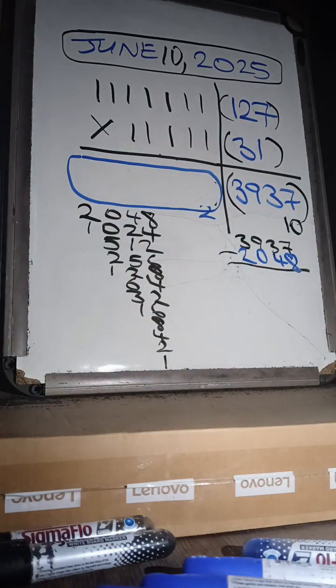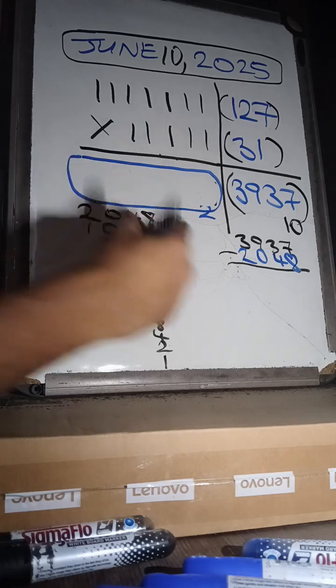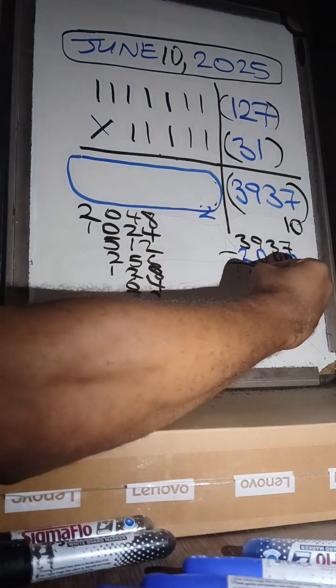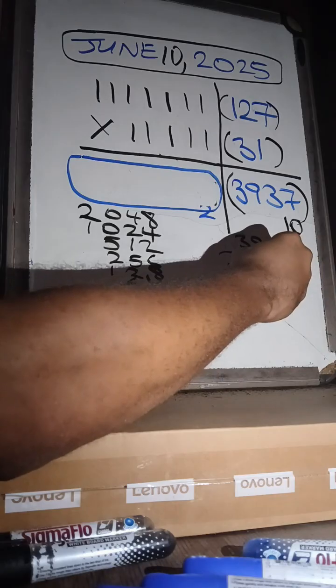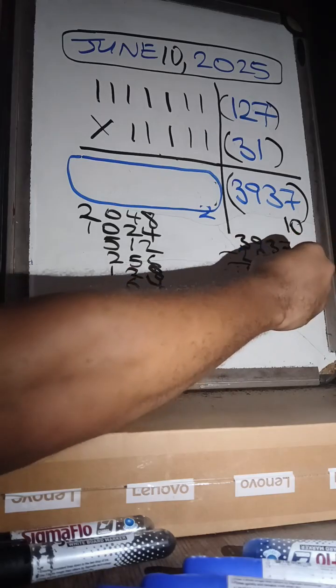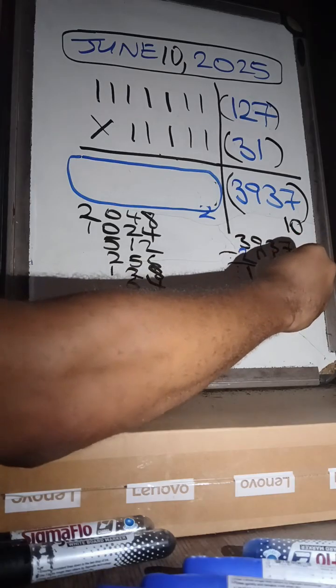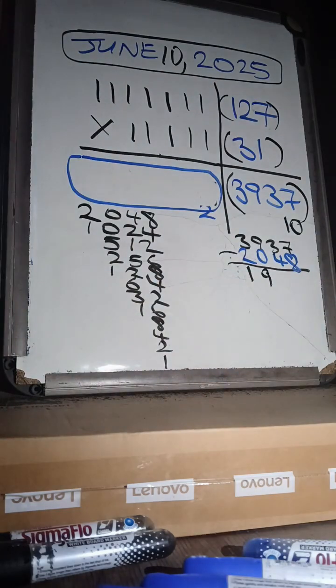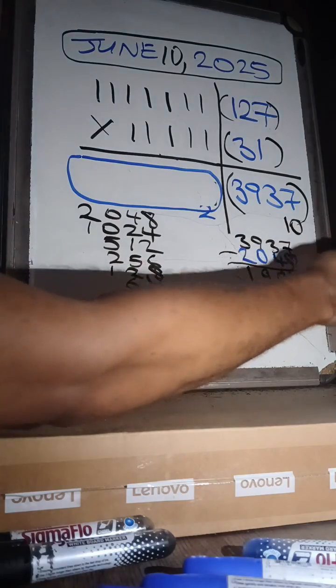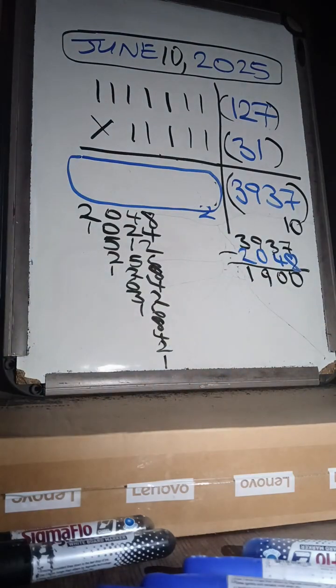Let me see now. If I take 2037 from both of them, it's like I have this, this, 37 from that, so I have to take it from the top and that too.